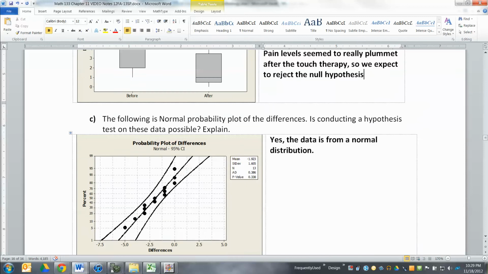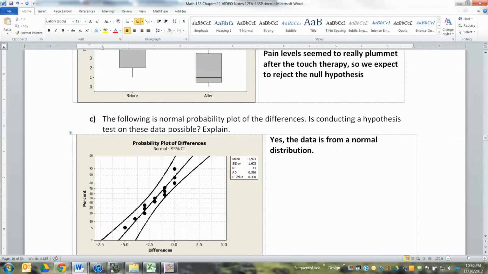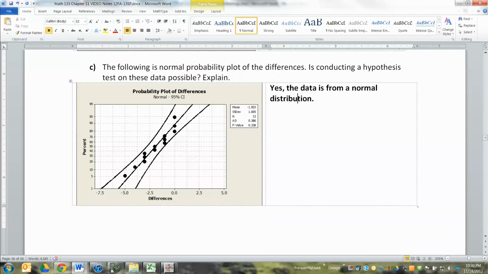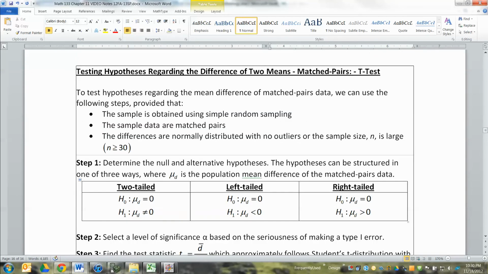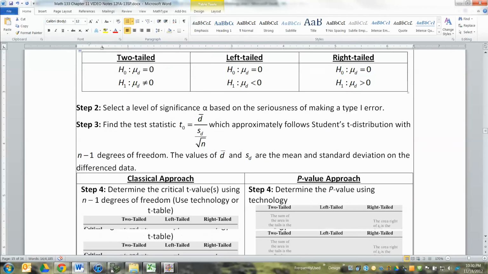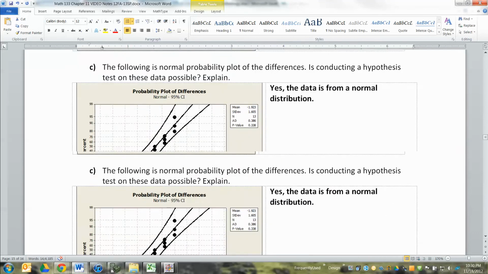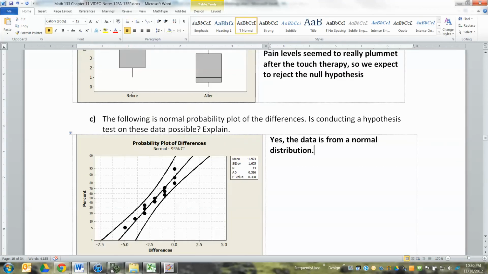All right, now, the following is a normal probability plot of the differences. Is conducting a hypothesis test on these data possible? Absolutely. Data is normal. Everything's great, right? We have to know it's normal because back here it says you've got to have normally distributed data or a large enough n. We didn't have a large n, so we had to prove that it was normal, right? I'll make a note of that.